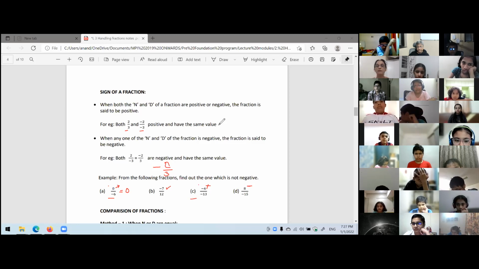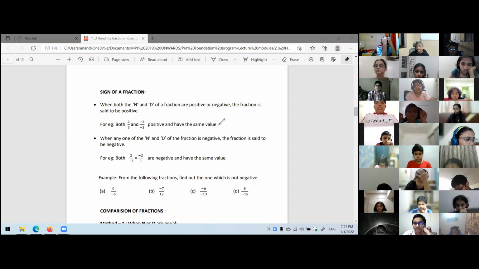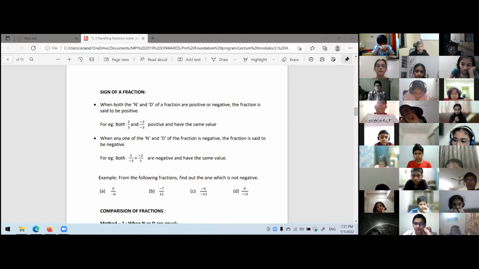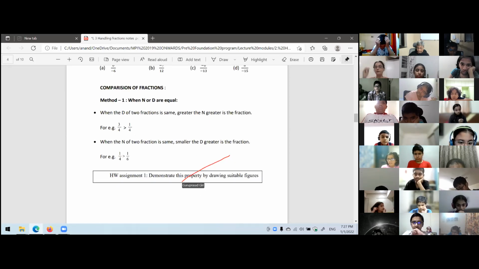Okay, one quick example to make you understand the signs of fractions. Now, if 2 fractions are given and I wish to find out which of them is greater or smaller, we are going to look at 3-4 methods to compare fractions.